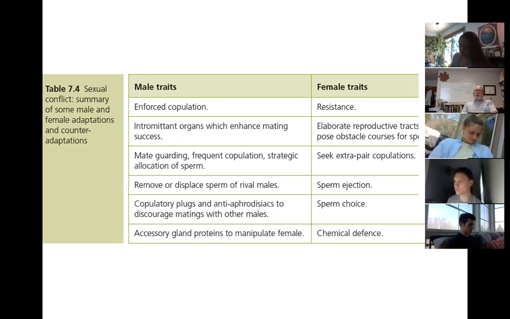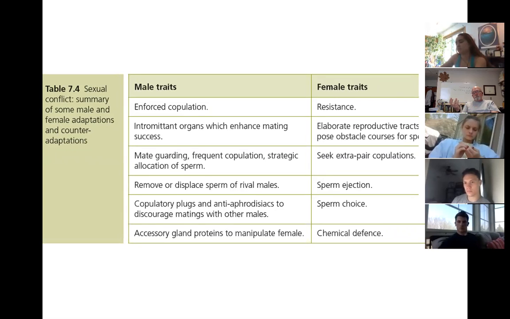Copulatory plugs we mentioned with katydids, where there's a spermatophore, which is a glob of usually sugar and protein with a little packet of sperm placed on top of it. The male gives that to the female, places that in her copulatory organ, and while she's eating the nutritive part of it, the sperm are being transferred.